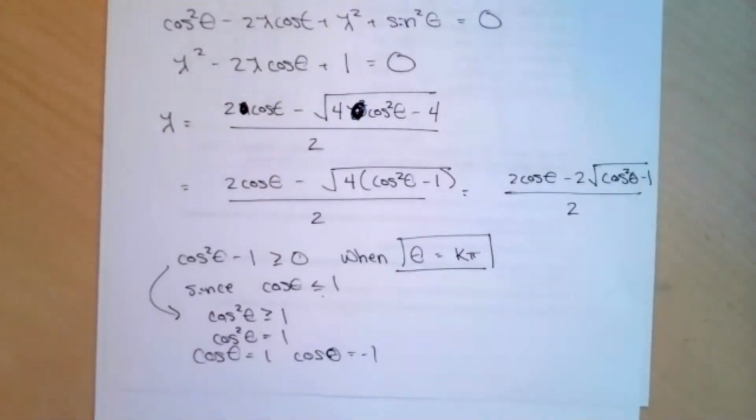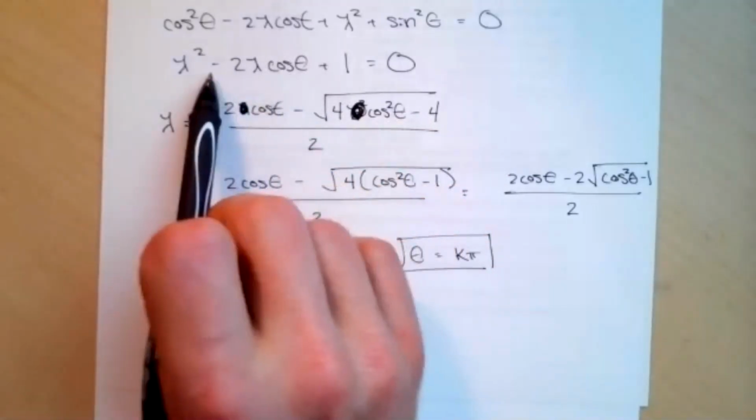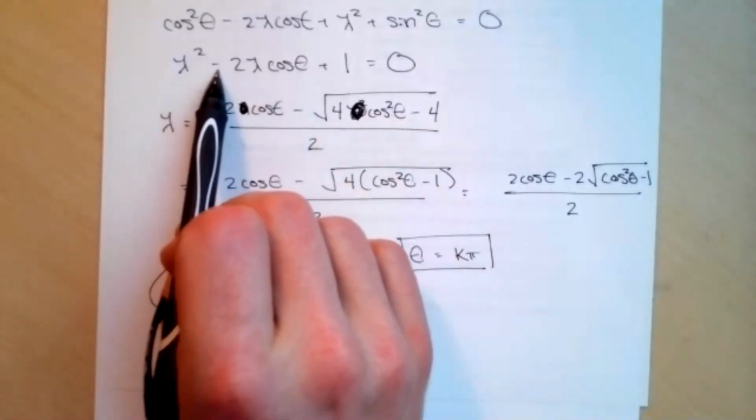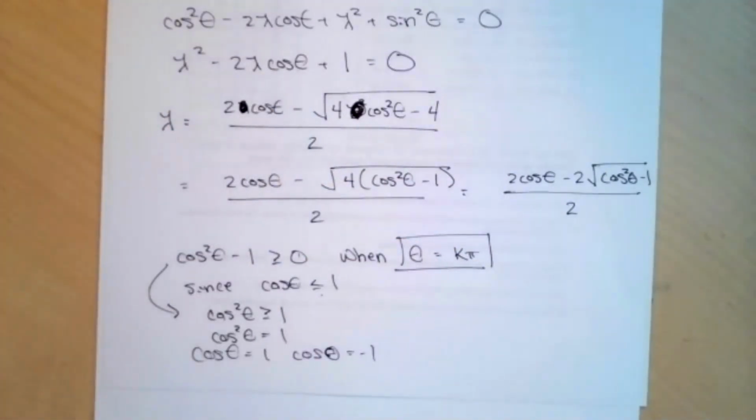Easy factoring. Lambda minus 1 squared is that polynomial. And then likewise, if theta is pi, we will get just a negative here. So essentially the same factor, lambda plus 1 squared, will give us the eigenvalue of negative 1.